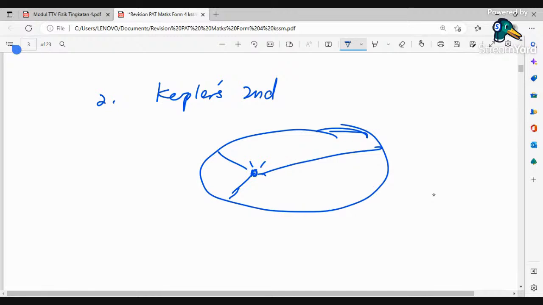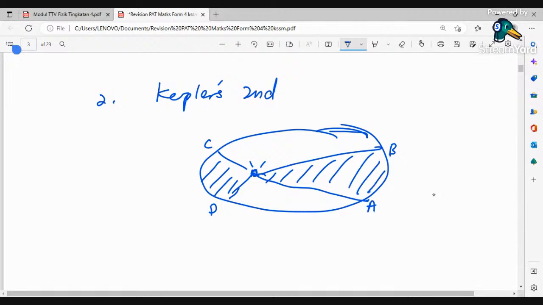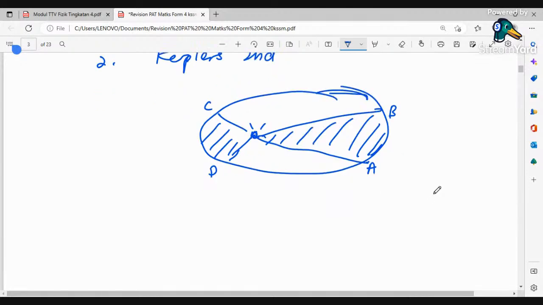Let's say a planet is orbiting from A to B, C, D. For the same time taken, let's say 1 month, the planet will sweep out equal area in equal time, meaning the area covered by AB equals the area covered by CD.